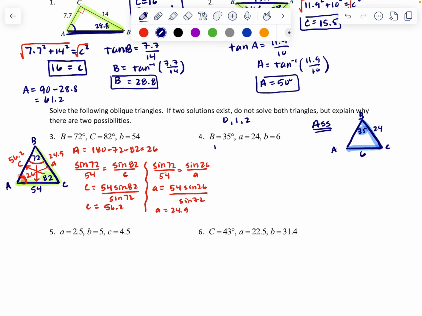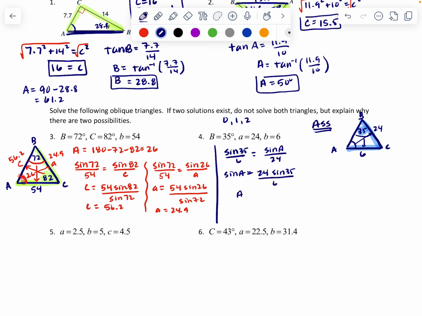Okay, so the way we do that, we just start solving the triangle, right? And I can use law of sines again. So I'm going to go sine of 35 all over 6, your angle over the opposite side, equals, now I have to find angle A because I have its opposite side, so sine of A all over 24. I'm going to solve for sine of A by cross multiplying and dividing by 6.